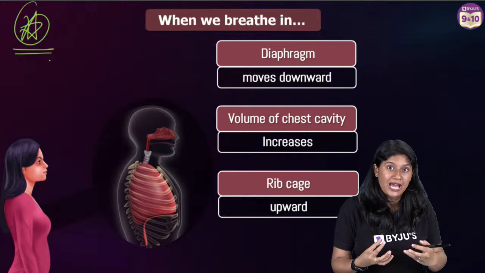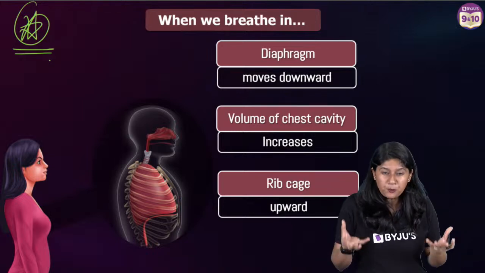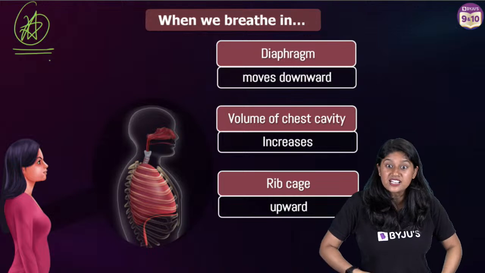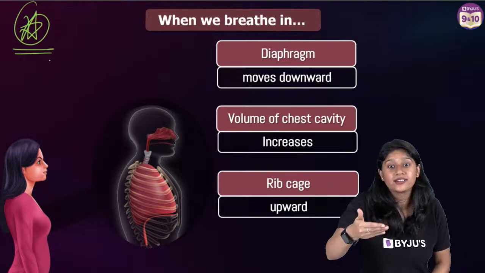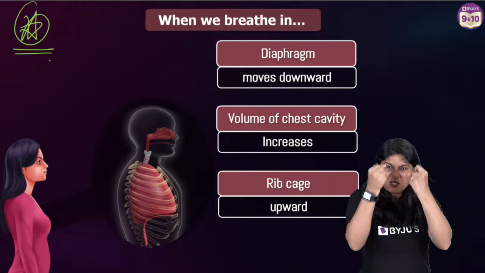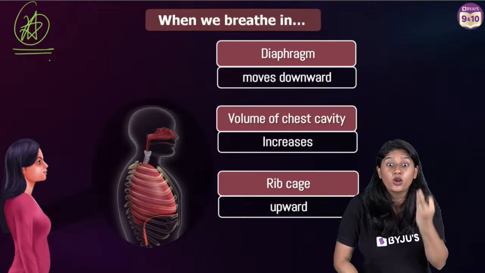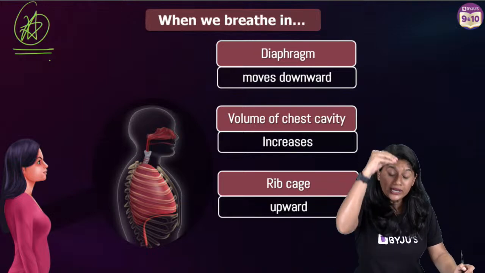So when you breathe in, what happens? You can see there's a pull. How many of you experience there's a pull? When you breathe in, you can feel there's a pull inside your body. Breathe along with me, everyone. Breathe in. You can see something is pulling you down. What is that pull? That pull is because of the diaphragm that is going downwards.